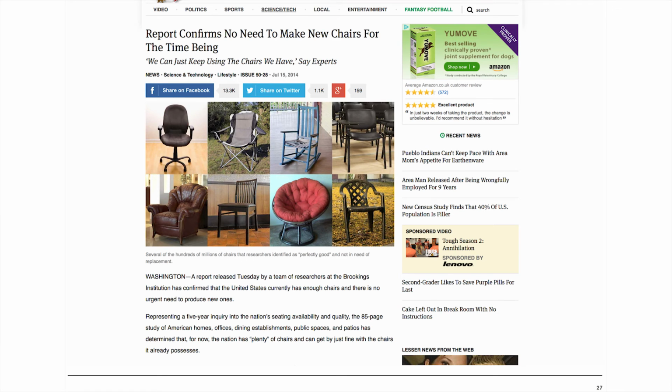I like the way it says, a study of American homes, offices, dining establishments, public spaces, and patios. I like the patios bit. It has determined that for now the nation has plenty of chairs and can get by just fine with the chairs it already possesses. So, there you go.